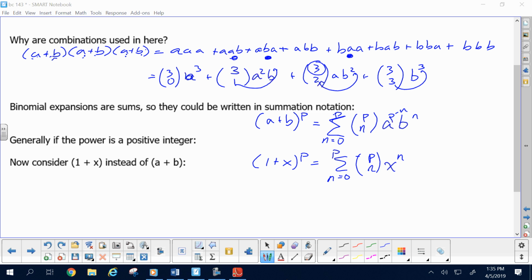This guy being finite, though, this would only be if you had 1 plus x to the third power. If you had 1 plus x to the 1/2 power, then this whole thing would be kind of crazy, whack, you know.